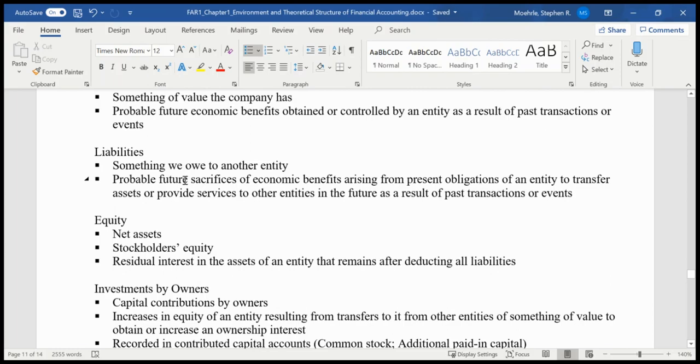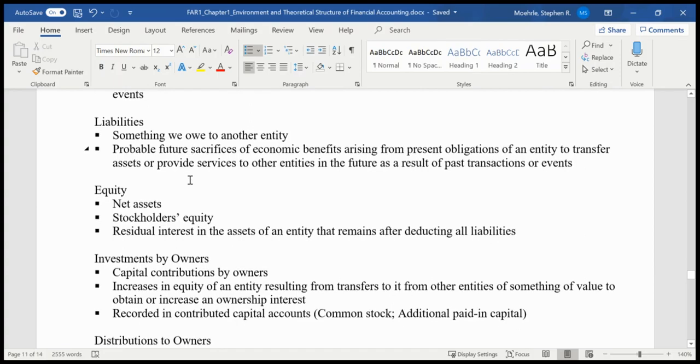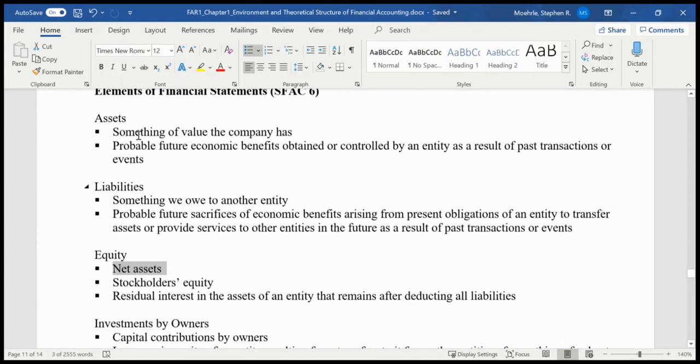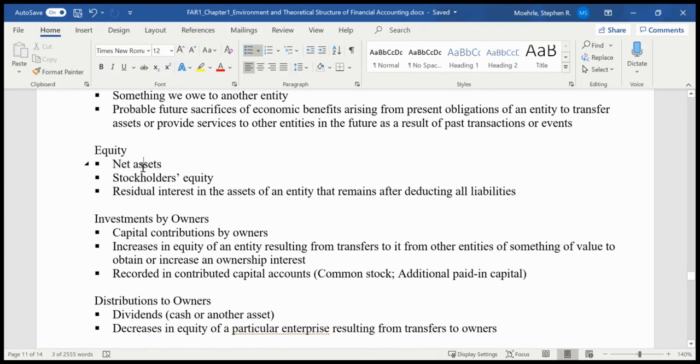We're going to see plenty of examples in this course. Equity. The equity is the net assets of the business. It's those total assets minus total liabilities, also known as stockholders' equity. It's the residual interest in the assets of an entity that remains after deducting all the liabilities.